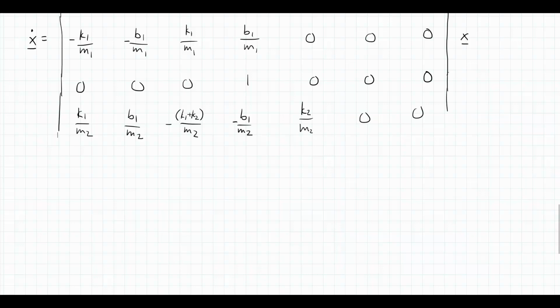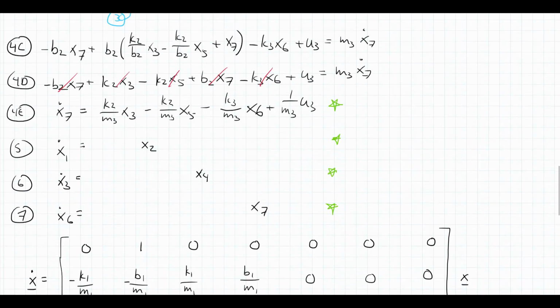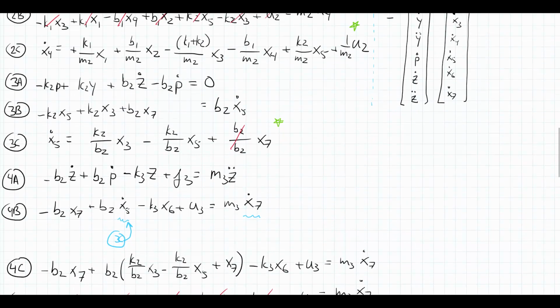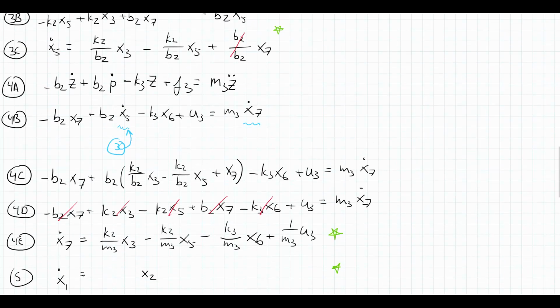All right, so x1 dot, 2 dot, 3 dot, 4 dot, my x5 dot equation, that is from equation 3c. So I have a 3, a 5, and a 7 there. So nothing for x1, nothing for x2. I have a k3 over b2 in front of the x3. I have a 0. I have a negative. Just double check these for x5 dot.